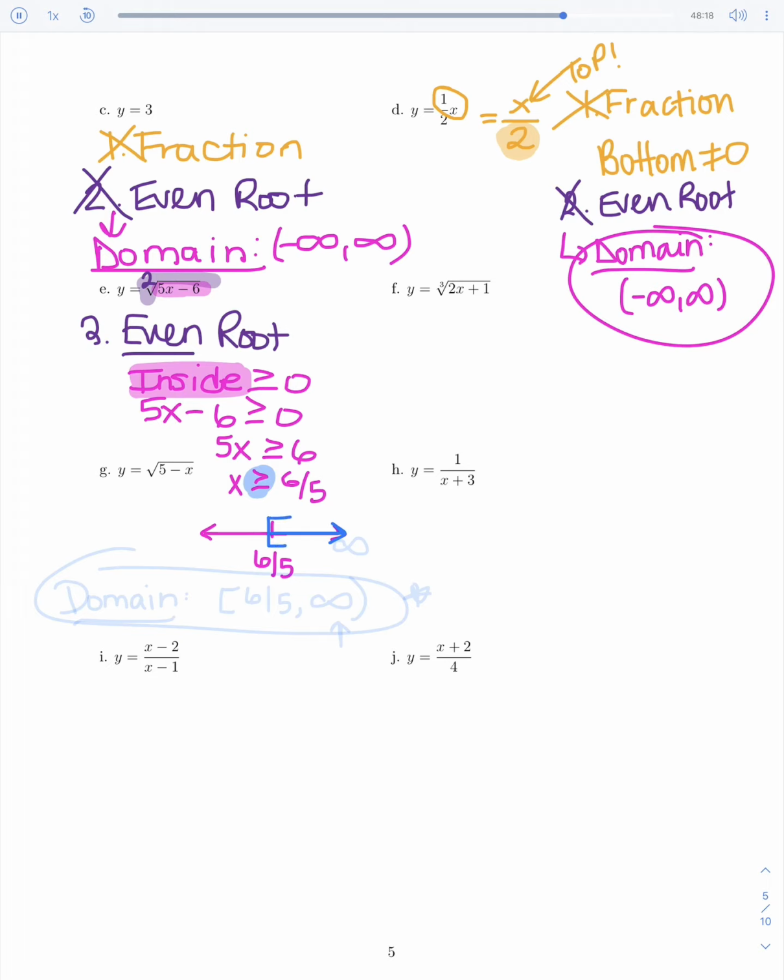So if I read this graph from left to right, as we learned to do this for your last test, it should start with a bracket at 6/5 and continue towards the arrow, which means we're going forever to the right towards infinity. Remember, just like before, infinities always use a parentheses. But that is it. That is my official final answer of my domain here. And it's in interval notation. This is what they mean by interval notation.